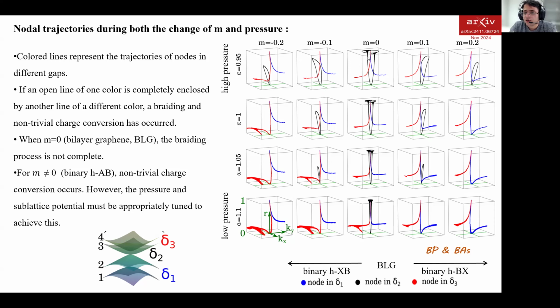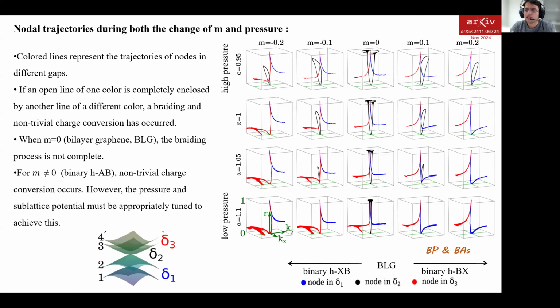If you look at m equals 0, meaning simply graphene, you can see that at the end these two Dirac nodes do not annihilate each other, but they come together and make a nodal line at the Fermi surface. Actually, this is a critical point between two braiding procedures, one with blue nodes and one with red nodes, and here the system somehow has to decide with which nodes it goes through the braiding procedure.